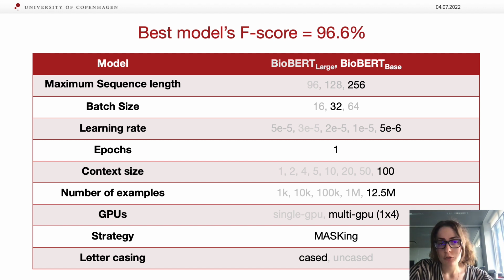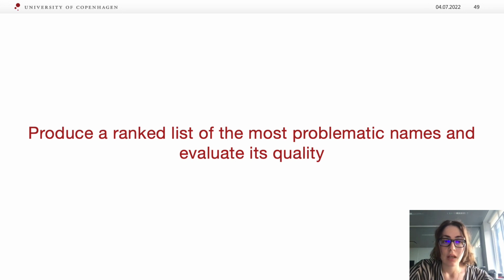Based on literature searches and on initial experiments, we have identified a set of hyperparameters. We did a grid search, and we found the best ones to have a model that has a 97% F-score. And using that model, we produced a ranked list of the most problematic names, and we wanted to evaluate its quality. That was the next step.